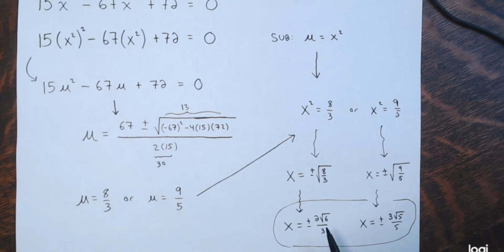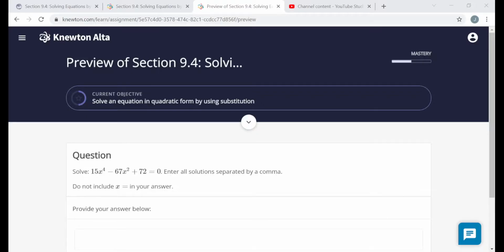So 2 times the square root of 6 divided by 3, negative 2 times the square root of 6 divided by 3, 3 times the square root of 5 divided by 5, and negative 3 times the square root of 5 divided by 5. I will enter all 4 of those back in the assignment.